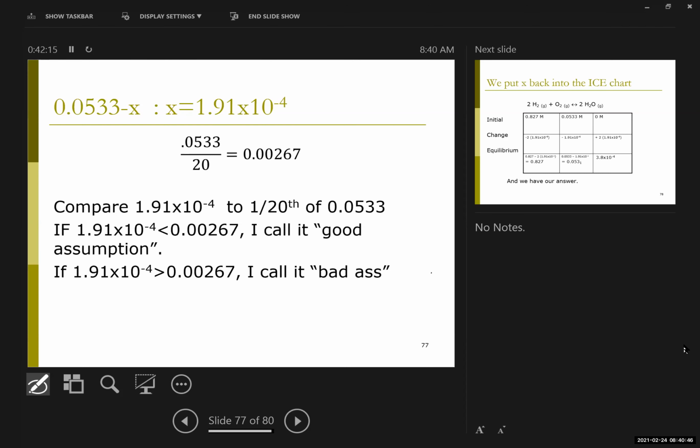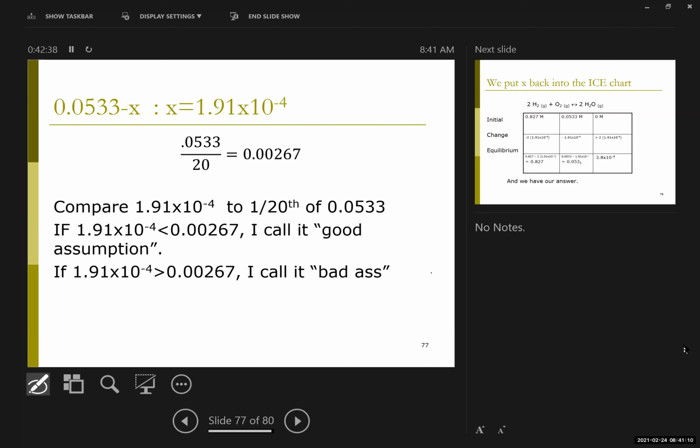I have a question. Hang on. Okay. So again, in this case, it's close, but not that close. It's not so infinitesimally small that I don't notice it at all, but it is small enough that I barely notice it. It really only makes a difference in the 3rd sig fig.